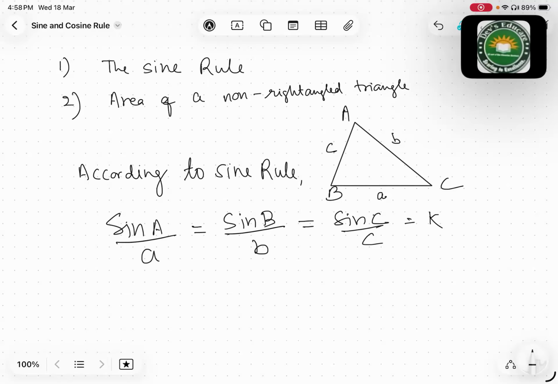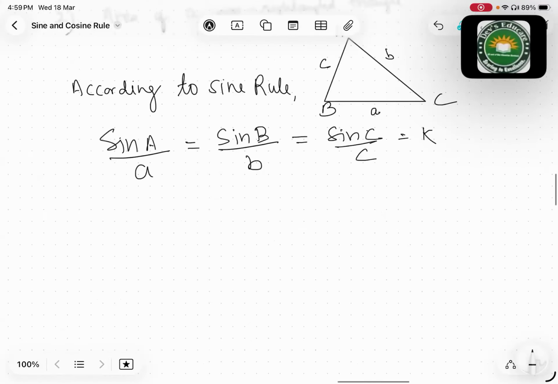Okay. And how can we find the area of a triangle if it is a non-right angle triangle and just two sides and the included angle are given?